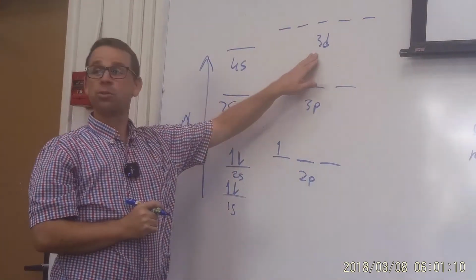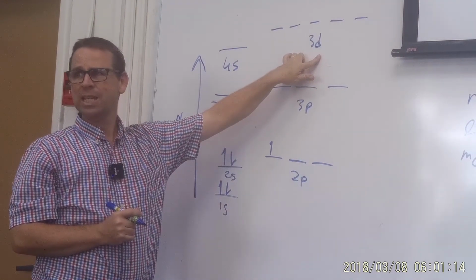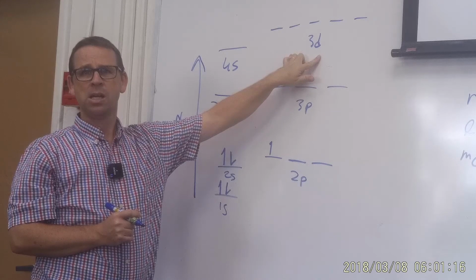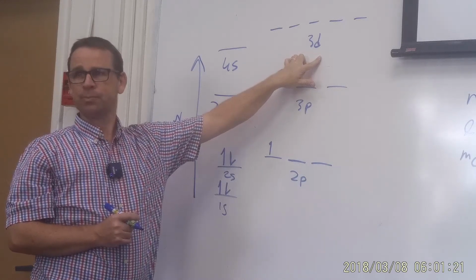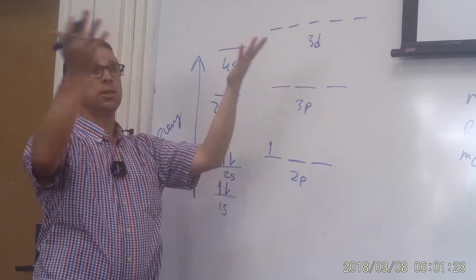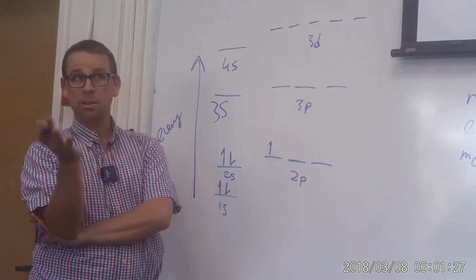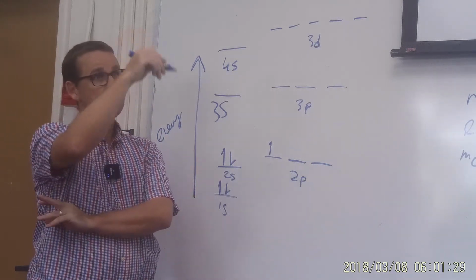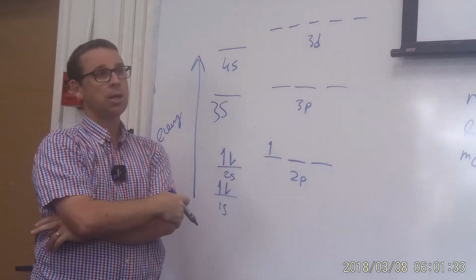So the n value is 3. What's the L value that corresponds with the d? 2. Okay? And if you ever forget, you can look at the periodic table and remember that we start at 0, and that's all you really got to remember. S block, 0. P block, 1. D block, 2.